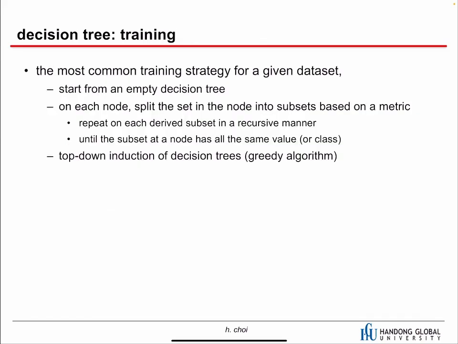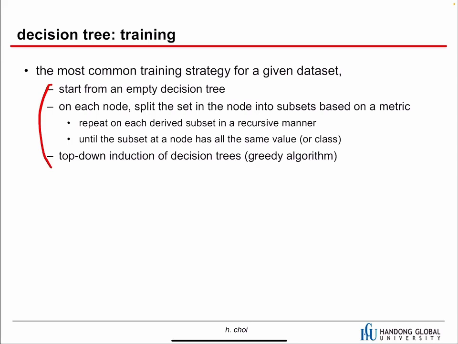So given a trained decision tree and the evaluation, the prediction is quite simple. But the training is not that simple. The most common training strategy has this kind of process.